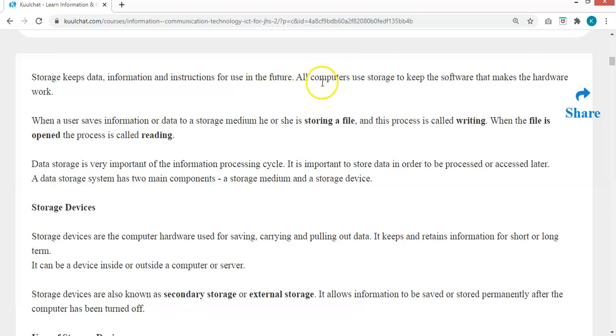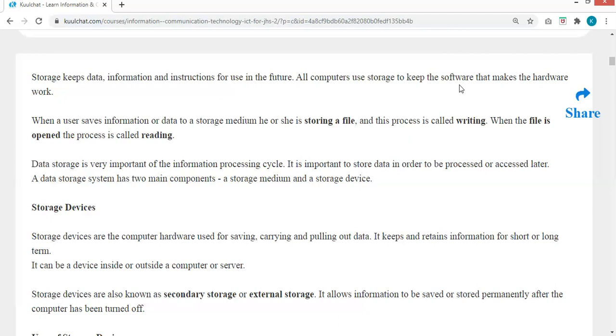And all computers use storage to keep the software that makes the hardware work. So all computers will need storage to keep the software that makes the hardware work. For example, with the operating system, whenever you boot the computer, there is software which has been stored on the hard drive. This is where the operating system is stored.